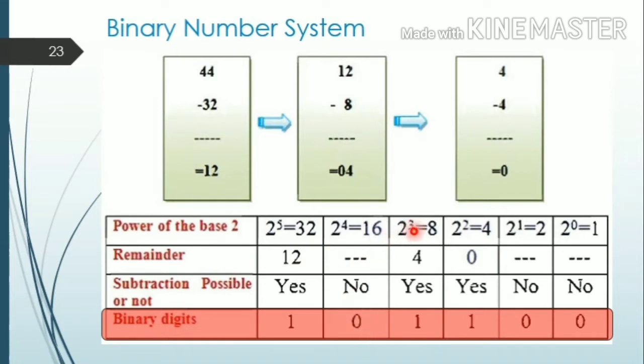Now comes the next step. 12 minus 8, because 2 raised to 3 is equal to 8, we get a positive remainder. It means that here will be 1.